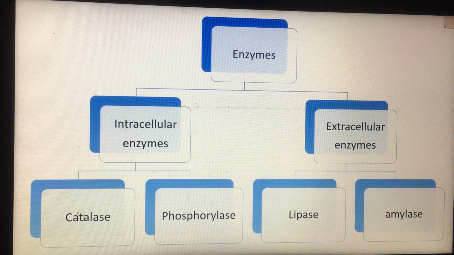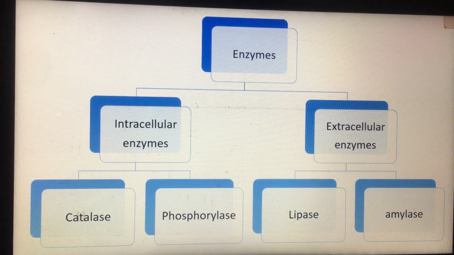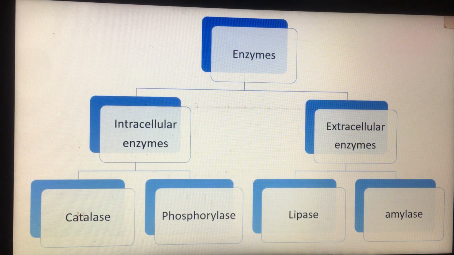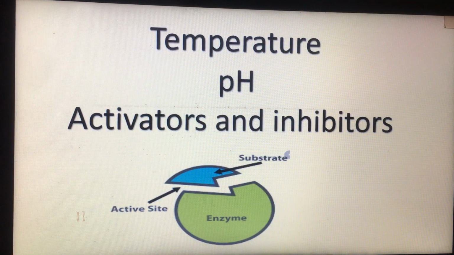So the question now is, what are the factors that affect the enzyme activity? Actually, we have three main factors. The first one, temperature. The second one, pH. And the last one, activators and inhibitors.